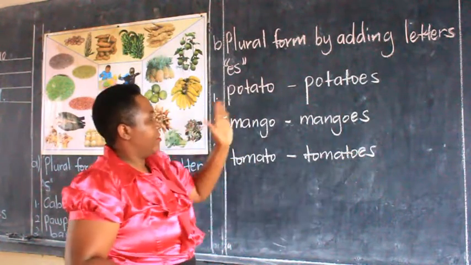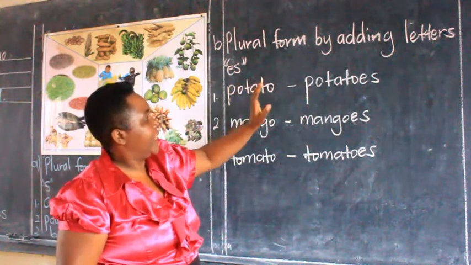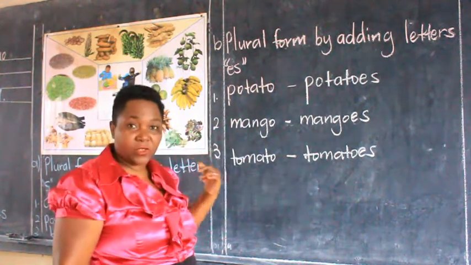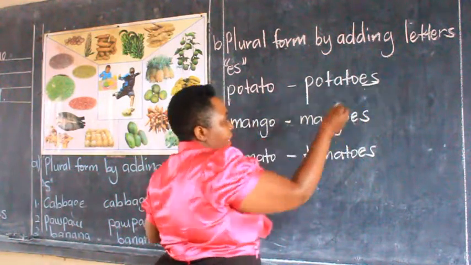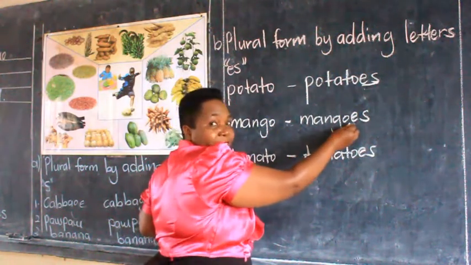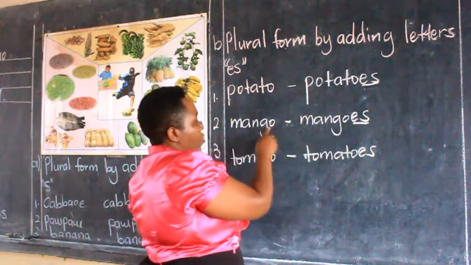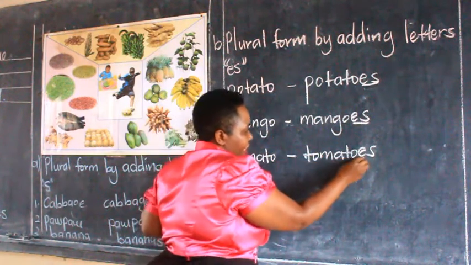You realize that this second group adds letters es, unlike the first group. So with potato, we add letters es on the singular form. Mango, we add letters es on the singular form. And tomatoes, we add letters es.